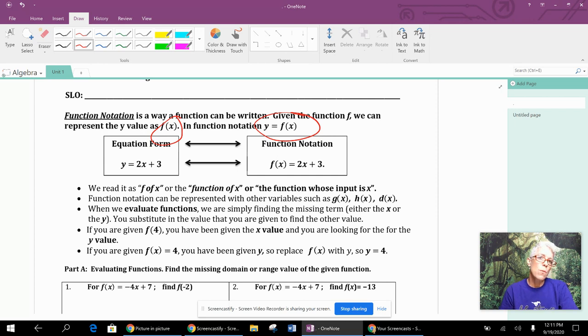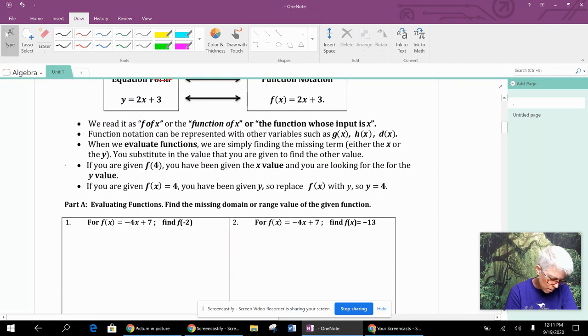When we evaluate functions, we're simply finding the missing term. So if I asked you to evaluate and I give you x, you're going to have to find the y. Or if I ask you to evaluate and I give you the y, you're going to be looking for the x. Now, this part right here is the most important part of this lesson.